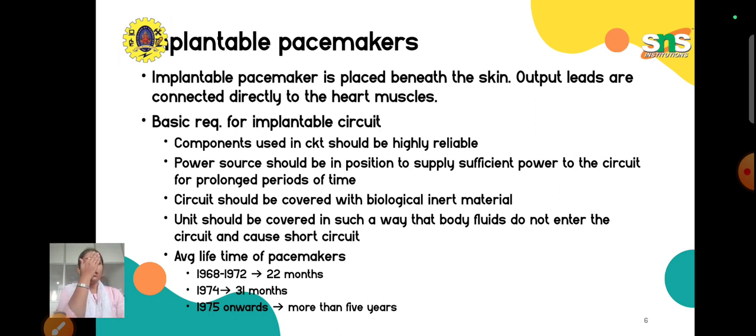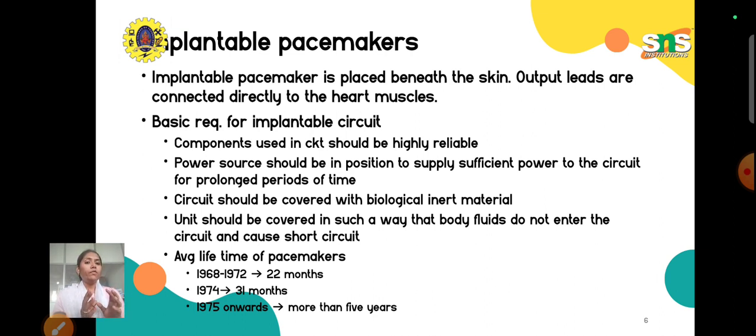So the whole unit, the package of the pacemaker, should be properly covered, so that the fluids inside your body have no way to get inside. That is the next basic requirement to consider when making an implantable pacemaker.